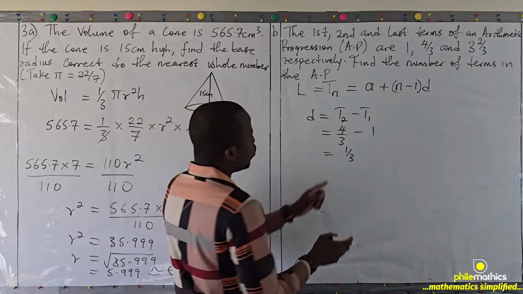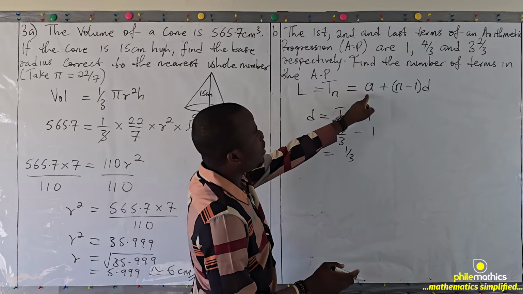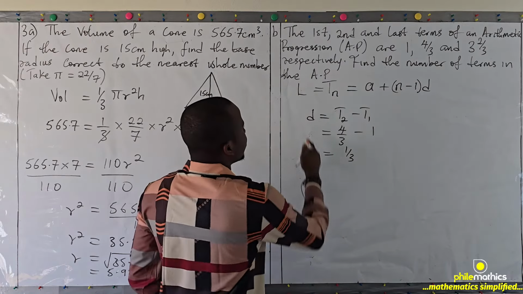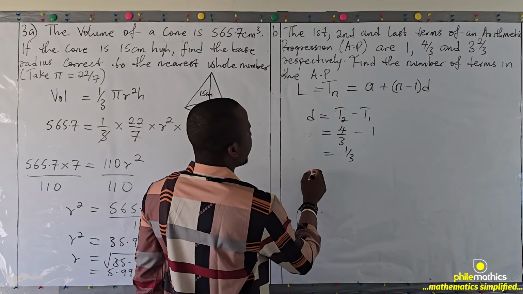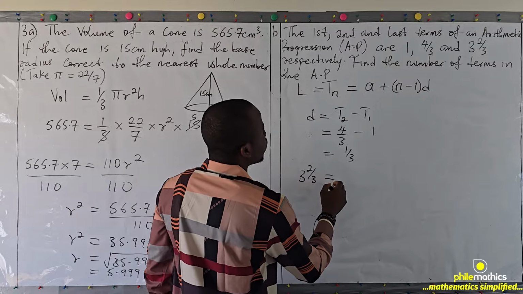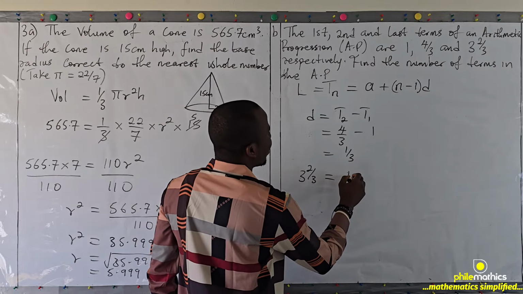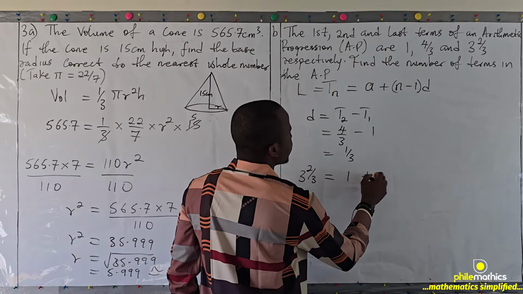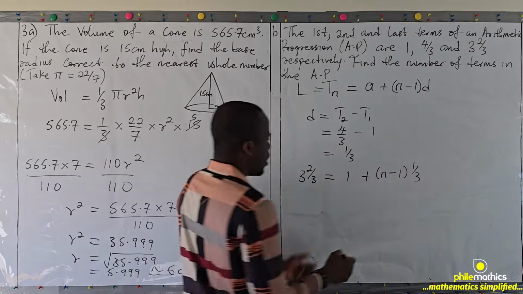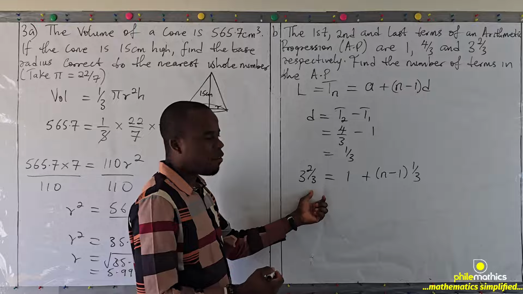So now, since we know the common difference, we know the first term, we know the last term, we can find what the number of terms is. So the last term is 3 whole number 2/3 equals first term is 1 plus number of term, the common difference is 1/3. And convert this to an improper fraction.